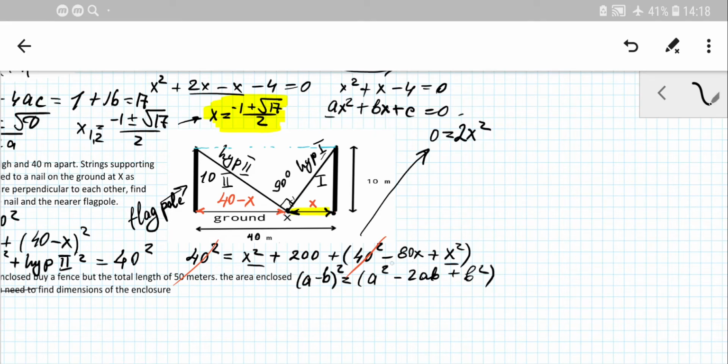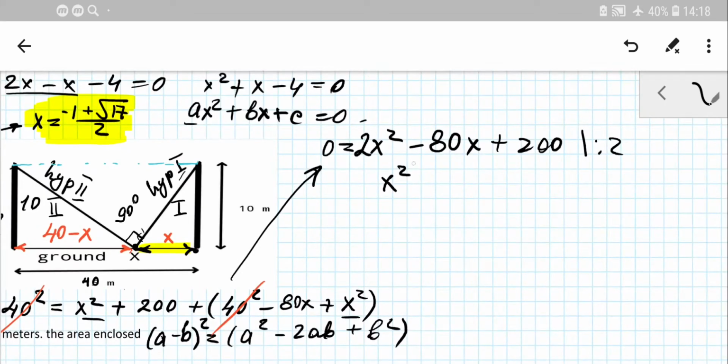Then negative 80x, and then plus 200 stays alone as the free coefficient. If I divide by 2, I'll get x squared minus 40x plus 100 equals 0. So I cancel by 2 by dividing.